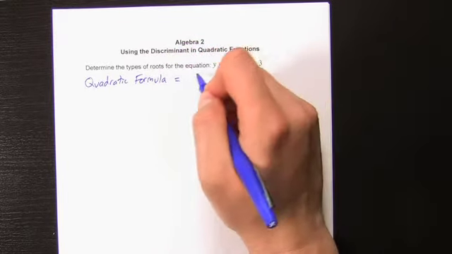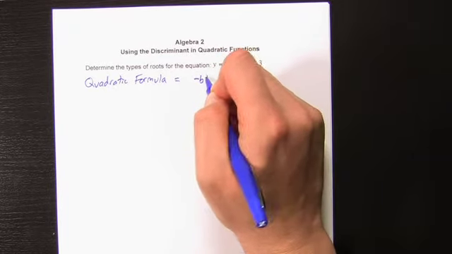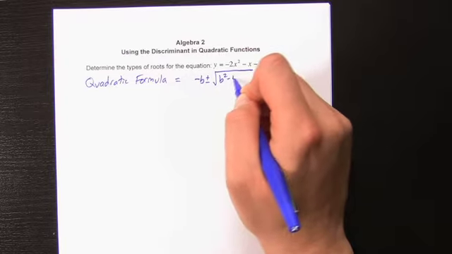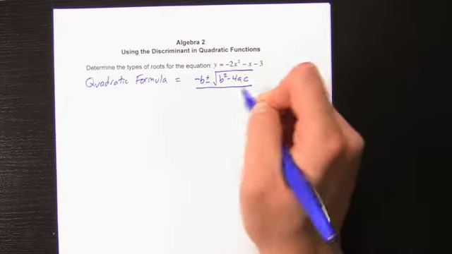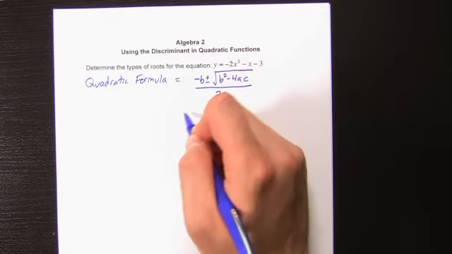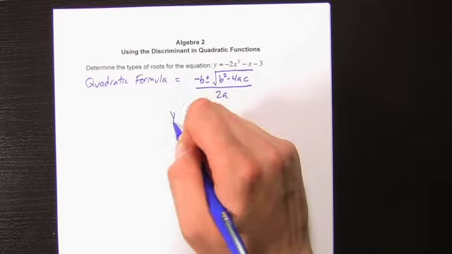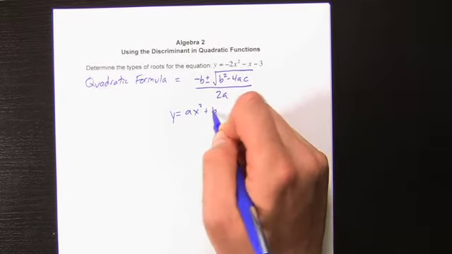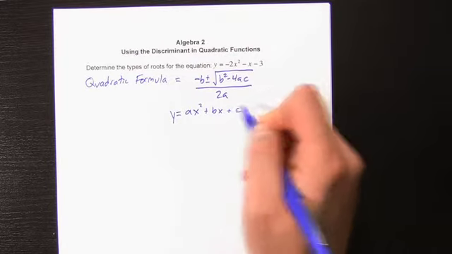The quadratic formula is negative b plus or minus the square root of b squared minus 4ac, divided by 2a. That's the quadratic formula. And it works for quadratics that are in the form of y equals ax squared plus bx plus c.